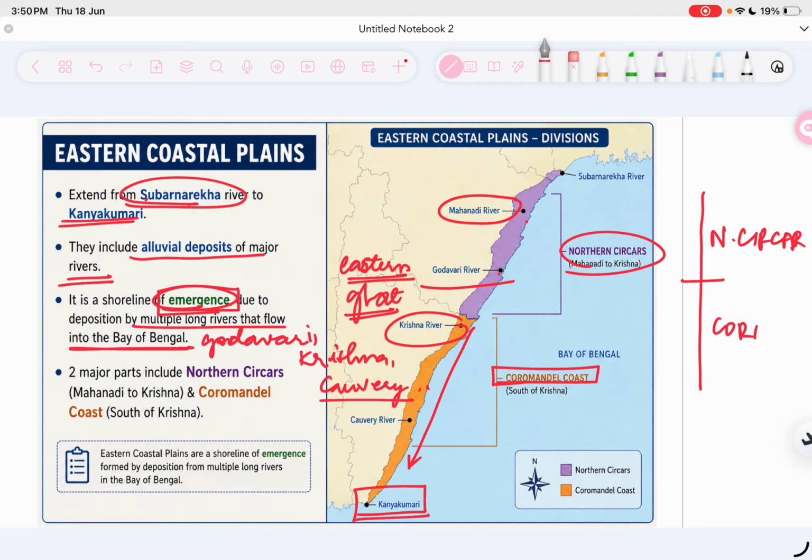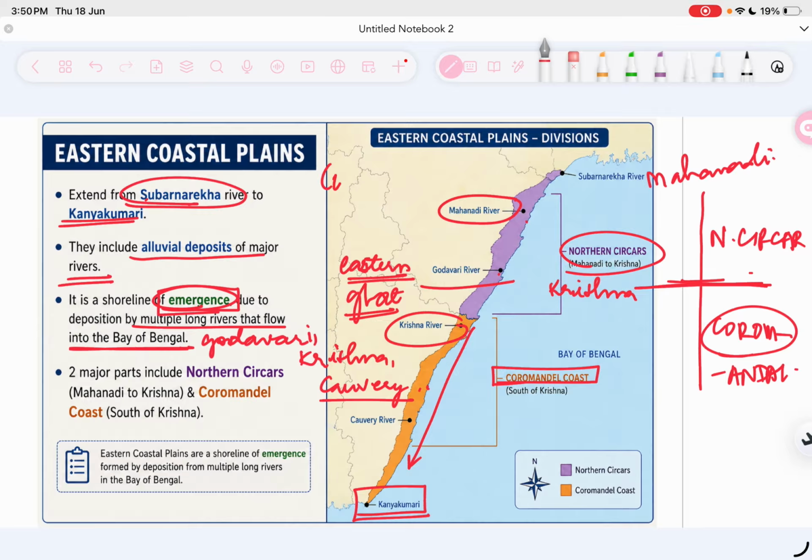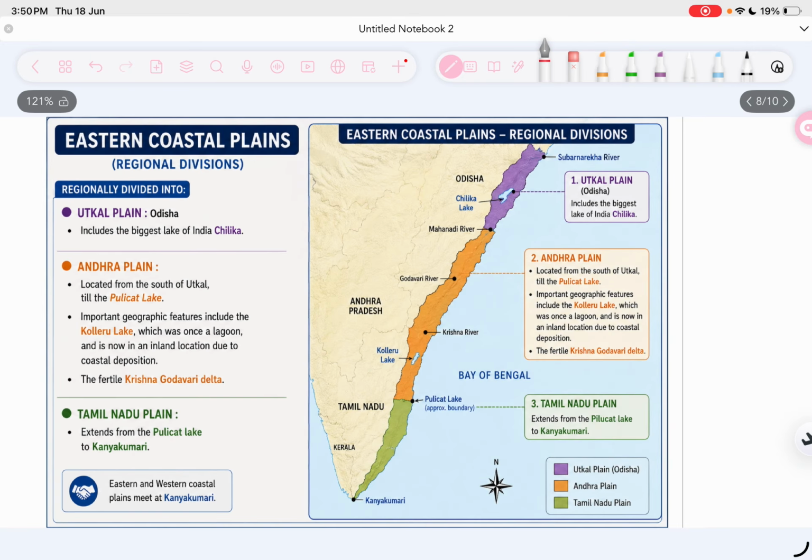The dividing line between them is the Krishna. The north of the Krishna is basically the Northern Circars, starting from the Mahanadi river delta, and the south of it is the Coromandel coast. And we are aware that the eastern coastal plain is an emergent coast, a shoreline of emergence. This point we have already seen.